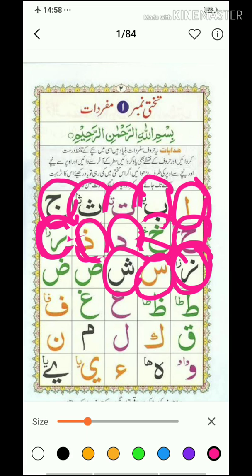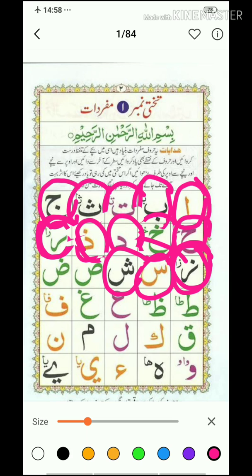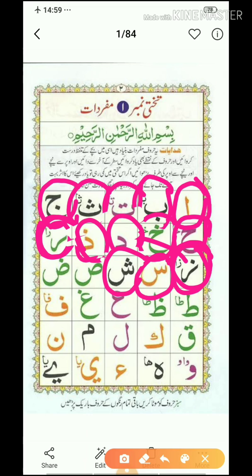If we compare this sound with the English alphabet, the way we spell SH, it makes sh. Like if we spell a word in English, SHAN, it makes shan.